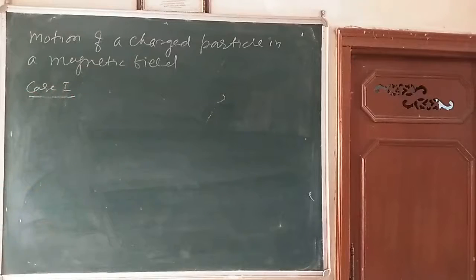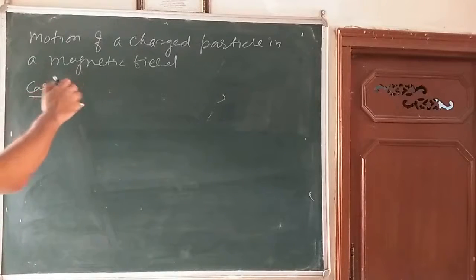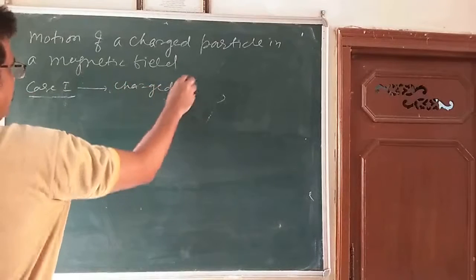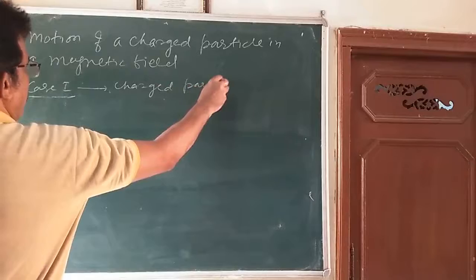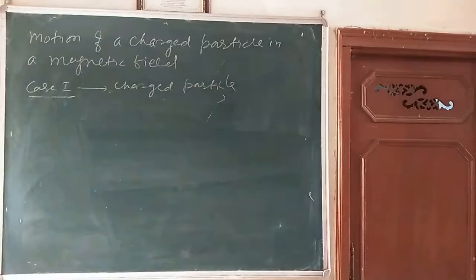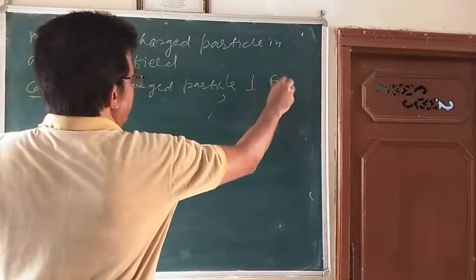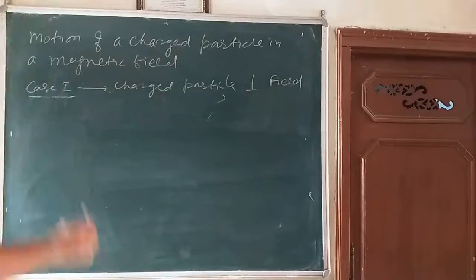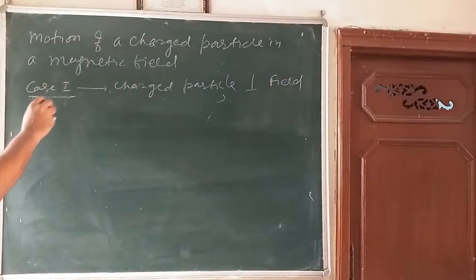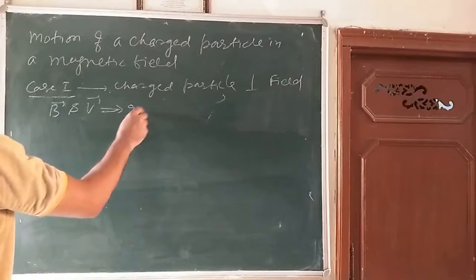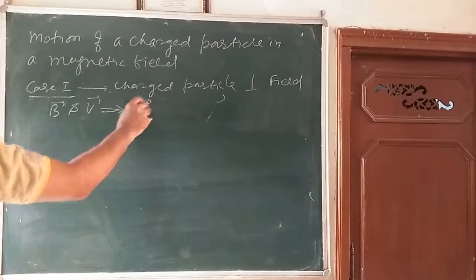See, when the charged particle is moving perpendicular to the field, or I can say the angle in between B and v is 90 degree.